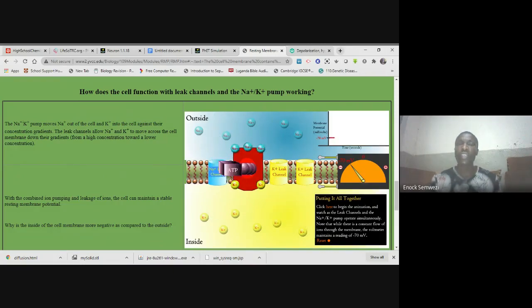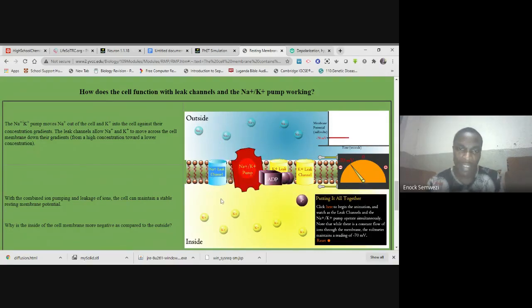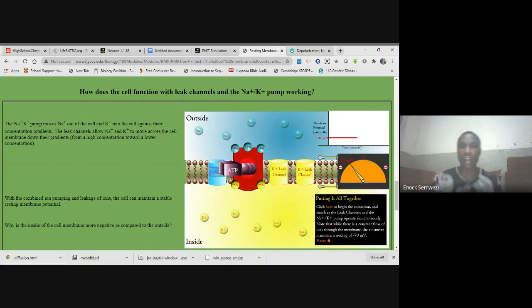So the sodium potassium pump will always continue to move the sodium ions out, although they are capable of leaking back inside the cell. But the sodium potassium pump will continue pumping them out as it pumps also the potassium ions in.